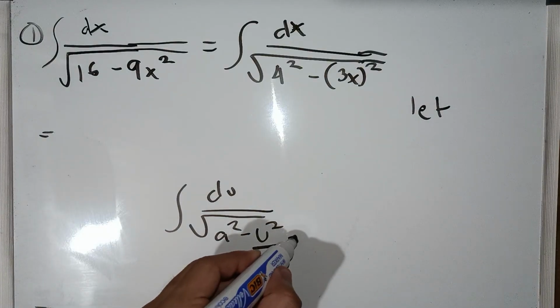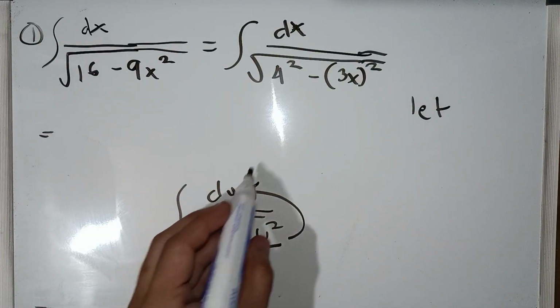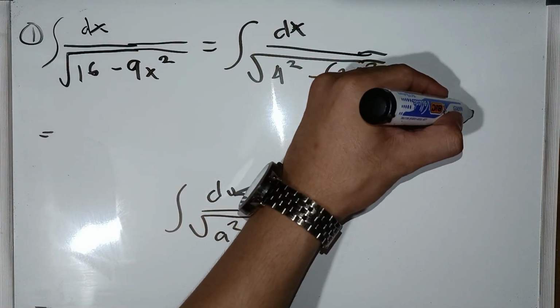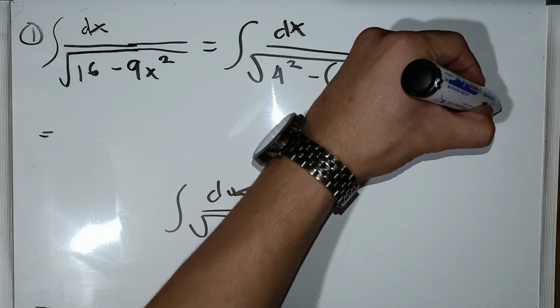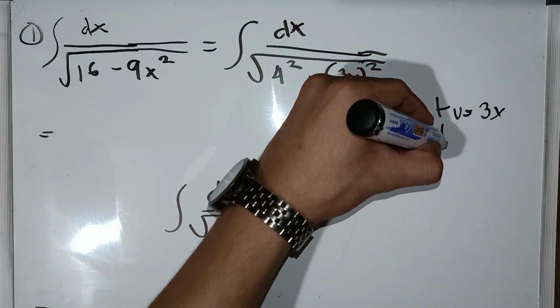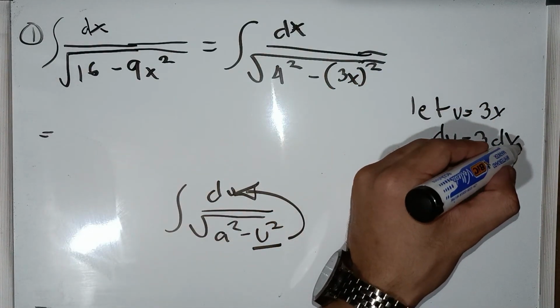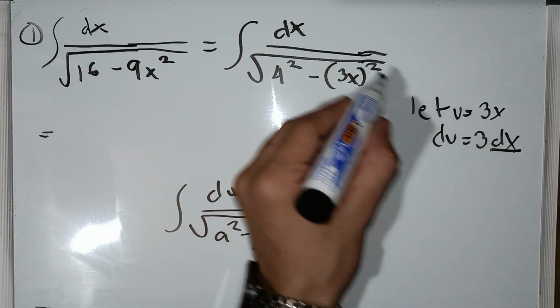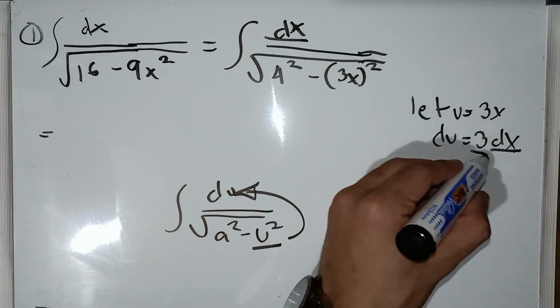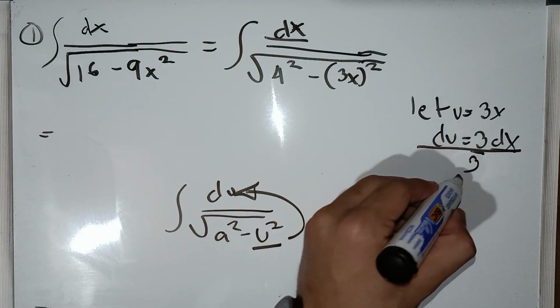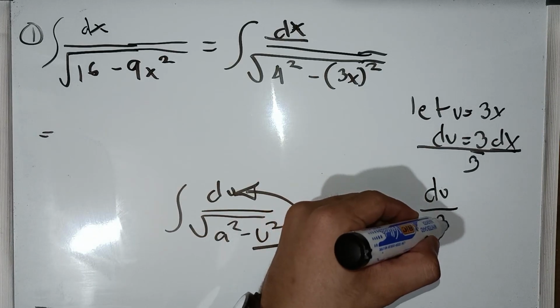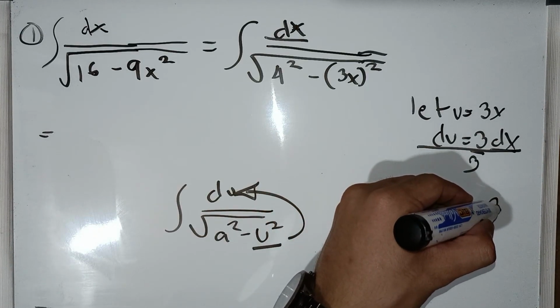We need the derivative of our u in the numerator. This u is equal to 3x, so its derivative is 3 dx. Let's divide this by 3, so du over 3 is equal to dx.